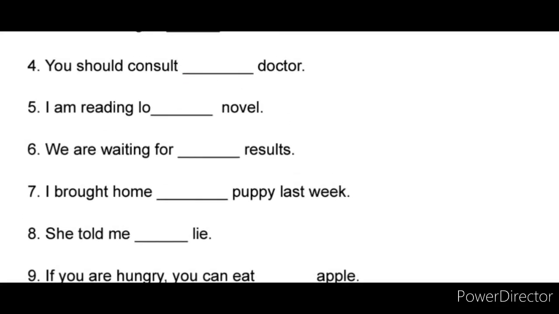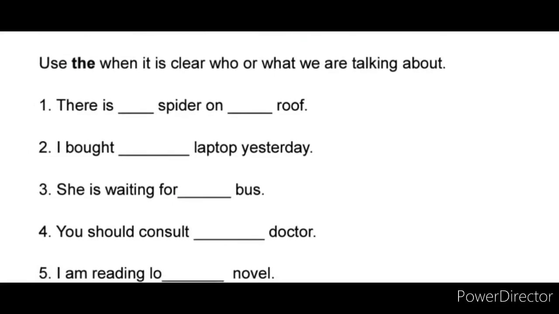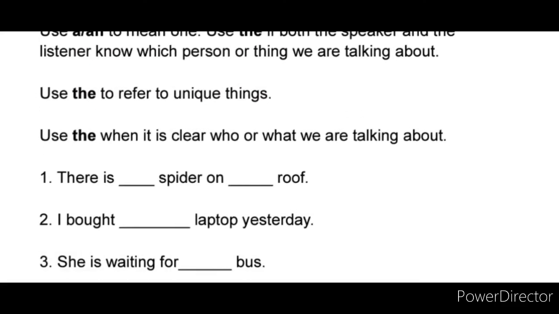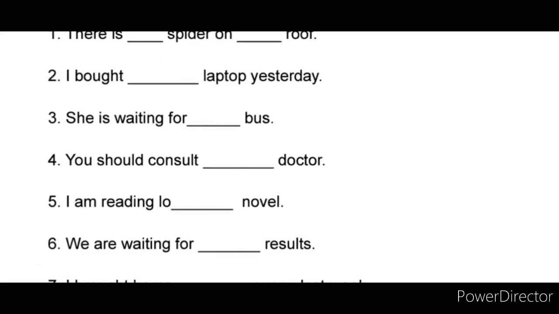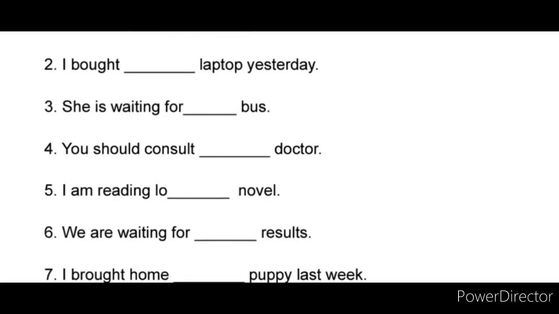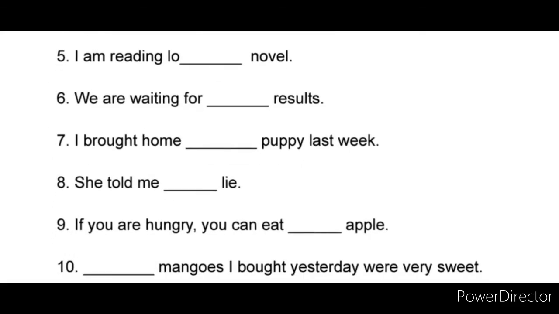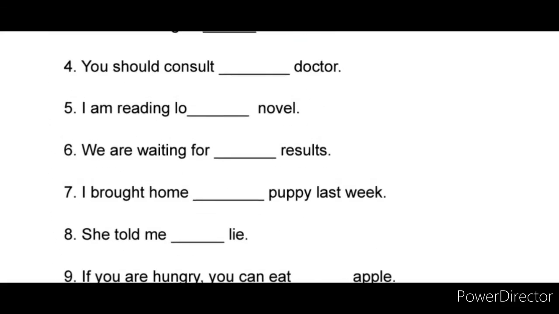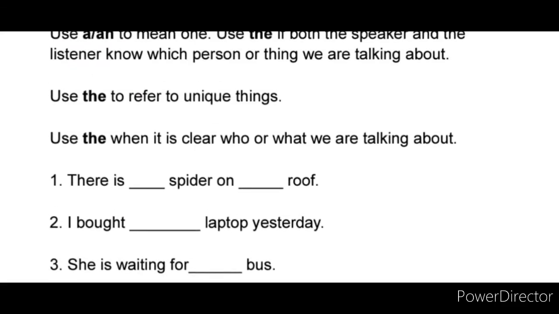So only 10 questions you have, children, for the worksheet. So you have to use proper article. It can be definite or indefinite. You have to find out and write in the given blanks. So this is our worksheet number 6.